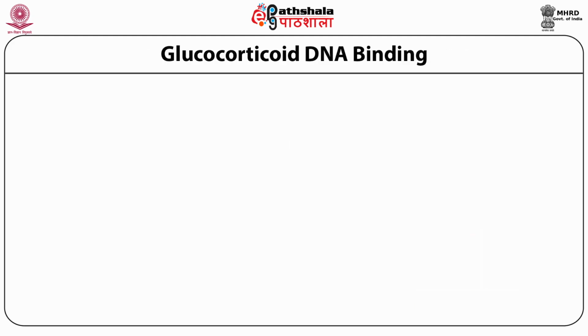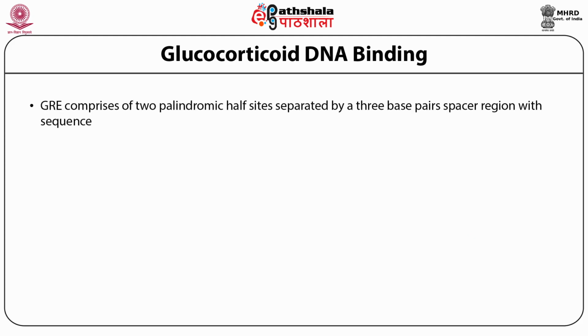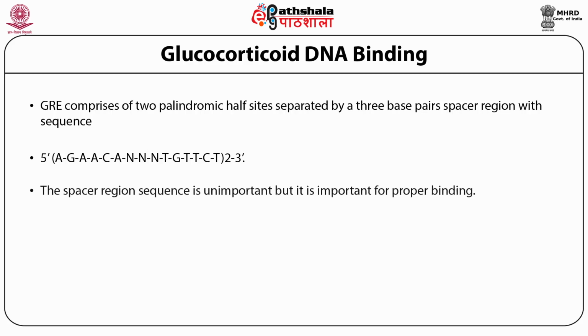The glucocorticoid DNA binding. The GRE comprises 2 palindromic half sites separated by a 3 base pair spacer region with the sequence AGAACA NNN TGTTCT. The spacer region sequence is unimportant, but its length is important for proper binding.